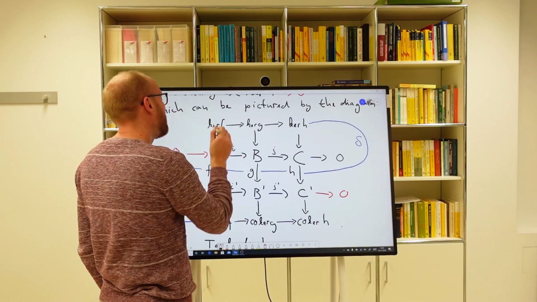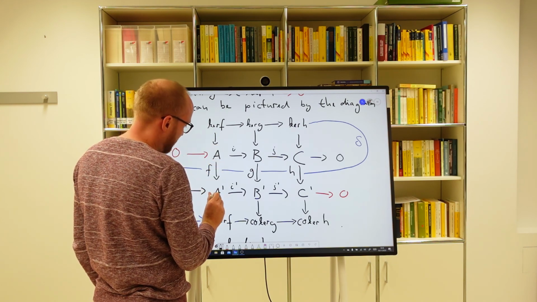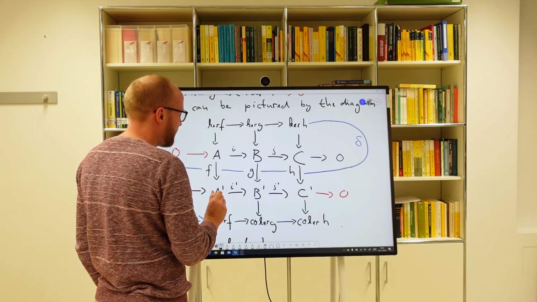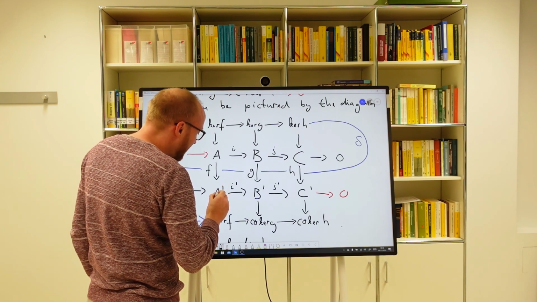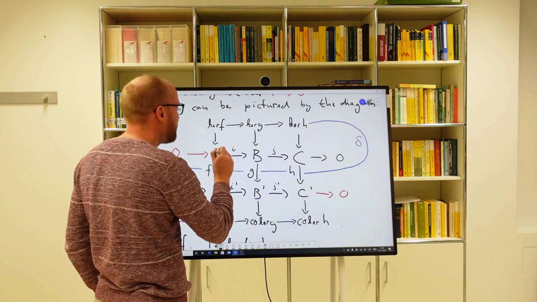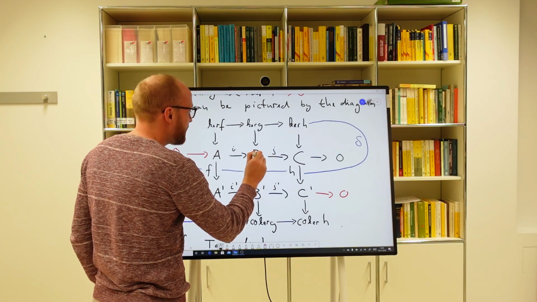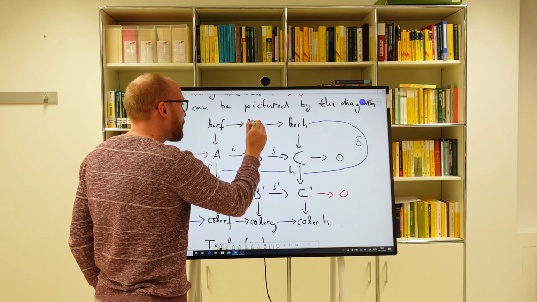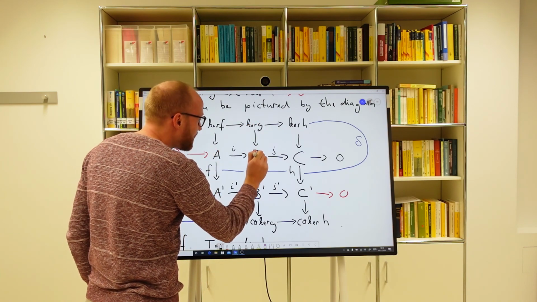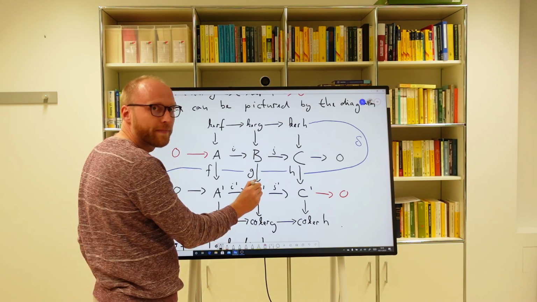So if I map this element down with F to here, then I don't know yet that it's 0. But if I afterwards compose it with I prime, then this is the same as if I had mapped it along this composition by commutativity. And now remember that we had started with an element in the kernel of G. So this composition is 0, because applying G to it gives 0.